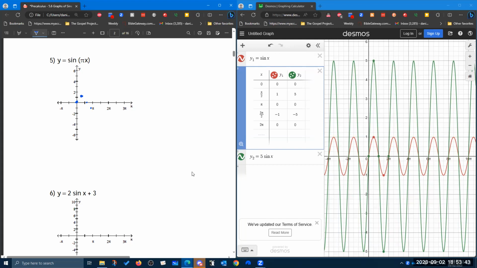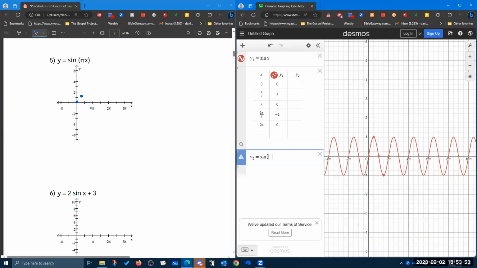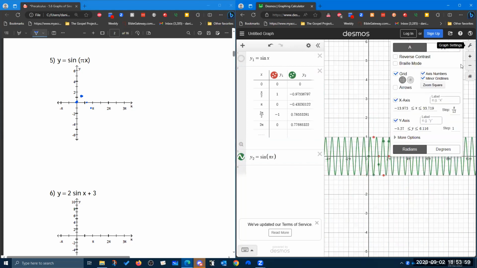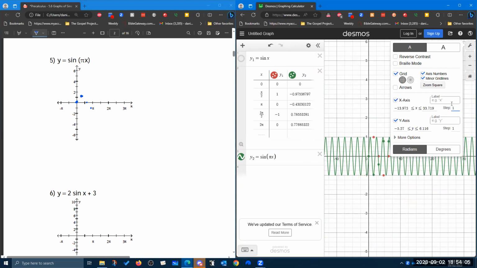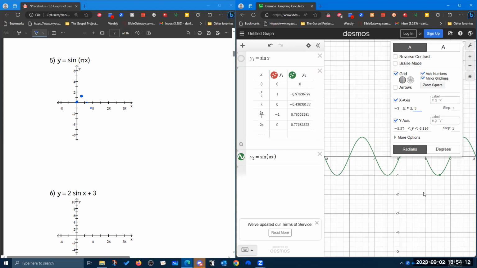So let me show you what that looks like on Desmos because it's actually much easier to graph on here. If I make this sine of pi x, I'm going to turn this one off. I'm going to change my settings over here on my x-axis to step by 1s and to go from -3 to 3, let's say.